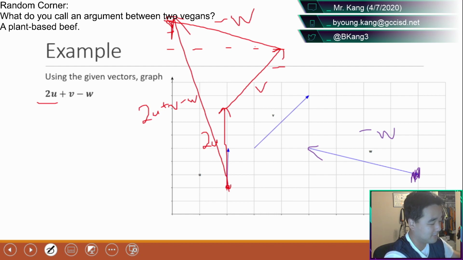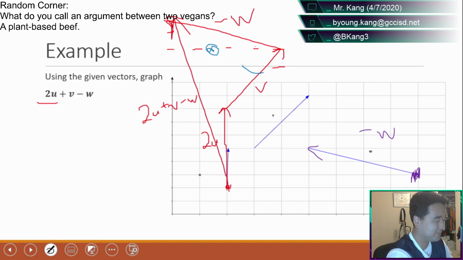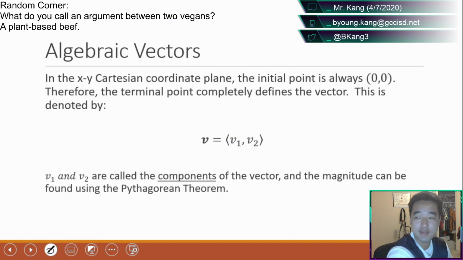Every time I do this example, I always think it looks like Phineas from Phineas and Ferb. I can't draw, but there you go. I should probably erase that. Alright, I'm just entertaining myself. Okay. Oh, I just saw chat.